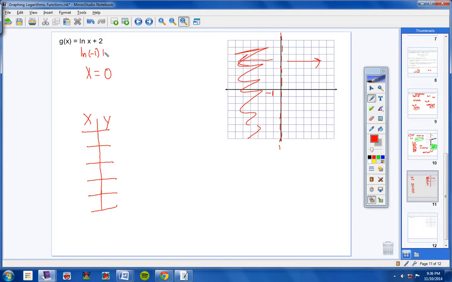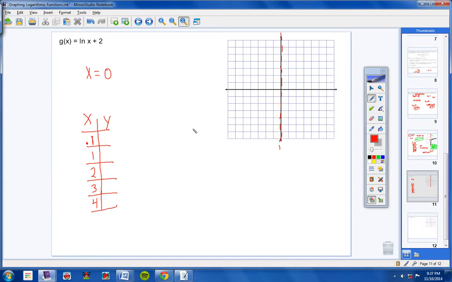It can't be done. So we know the graph has to be on the right side. I'm going to go barely past the vertical asymptote. I'm going to put 0.1, then 1, 2, 3, 4.